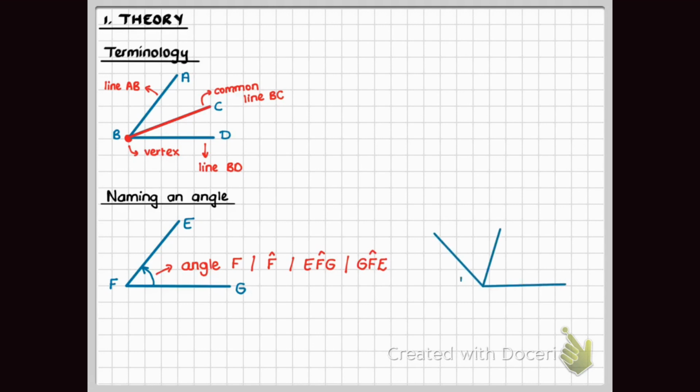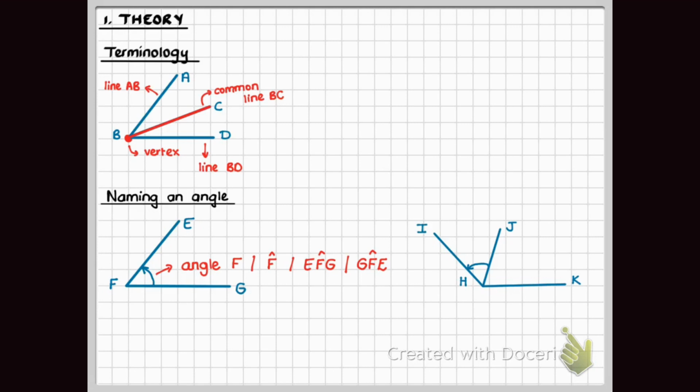So we can also have it in a different way. Say, for instance, now we have two angles between 3 different lines. So we've got vertex H, then we've got line IH, line JH, and line KH. But now we've got 2 different angles. If we have to specify a part of an angle, we can't just call this angle H like we did in the previous one, because we are looking at just one part of an angle, a certain section of an angle.